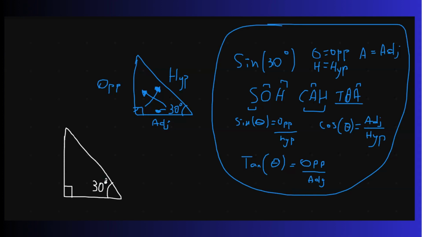So let's say in this right triangle that the opposite is 8, the hypotenuse is 13, and the adjacent is 5. So now I want you guys to take a moment to pause the video and try to find, using all of this information and SOH CAH TOA, what the sine, cosine, and tangent are going to be.